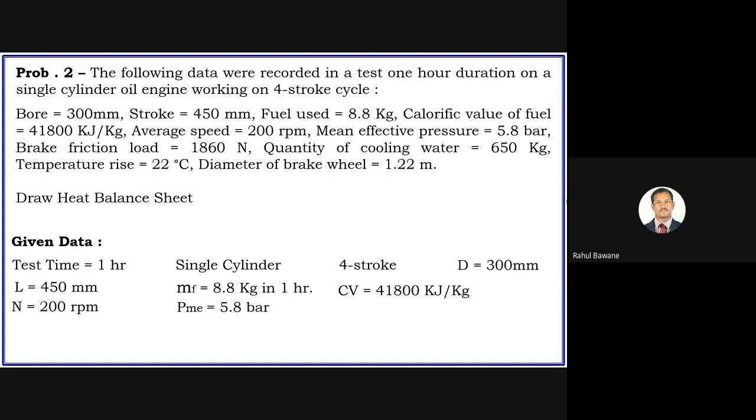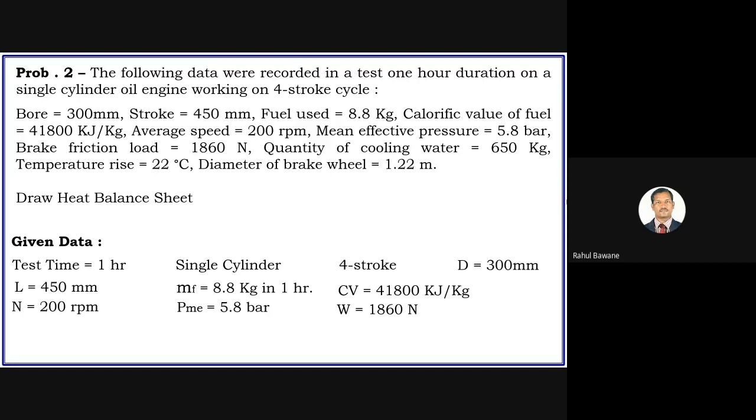Mean effective pressure: they directly gave the mean effective pressure rather than giving area of indicator diagram, length of indicator diagram, and spring constant. So they provided directly mean effective pressure 5.8 bar. Brake friction load, that is the net load on brake drum, is given as 1860 Newton.